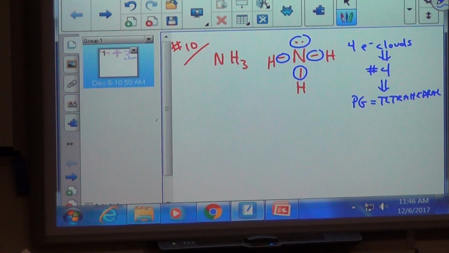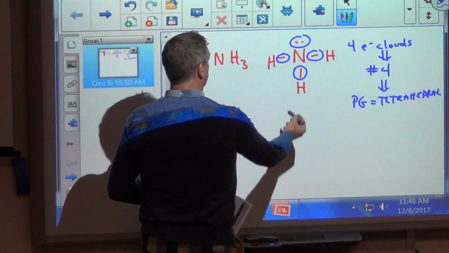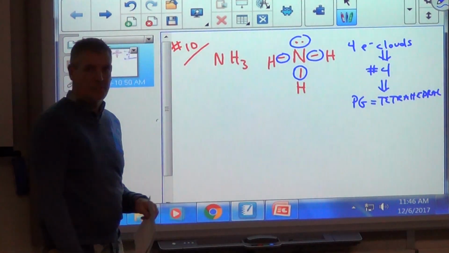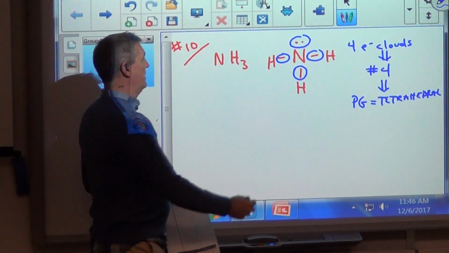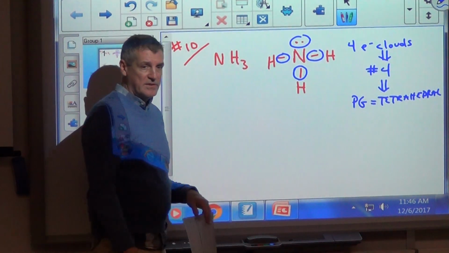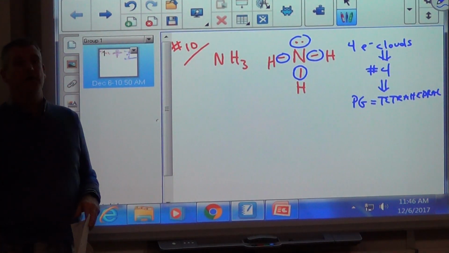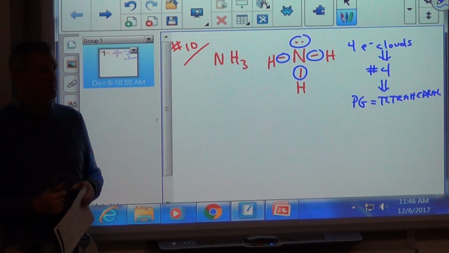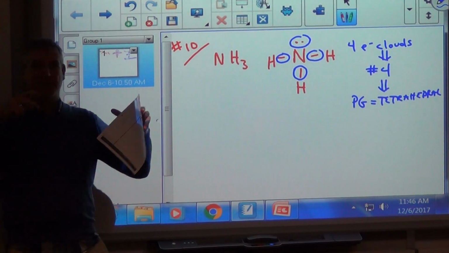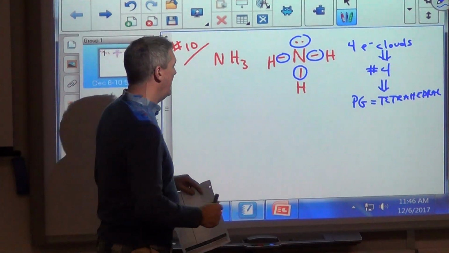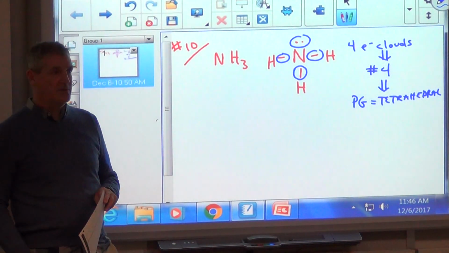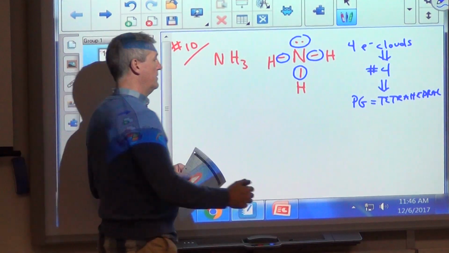So in this case, we've got one lone pair, 3 bonding pairs. We've got normally our tetrahedral, but now we've removed one of our legs of that tetrahedral, and we got basically a tripod. Tripod is a 3-faced pyramid.